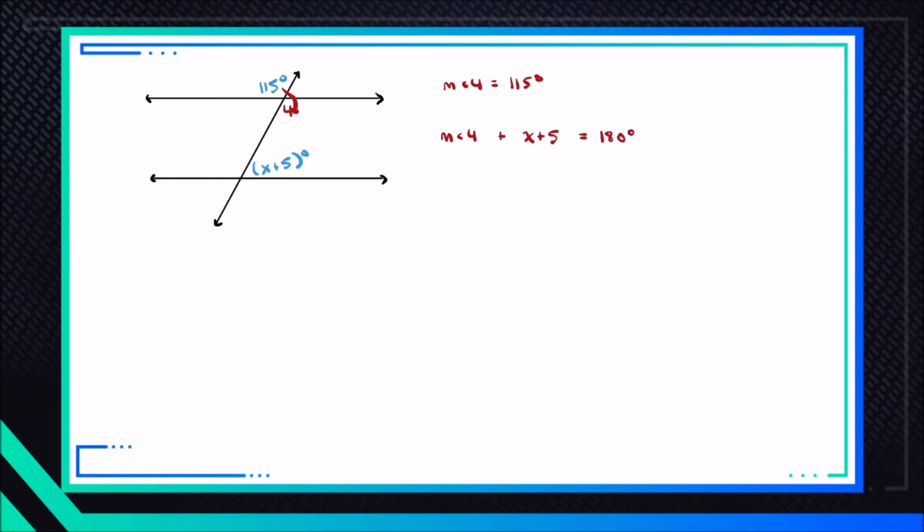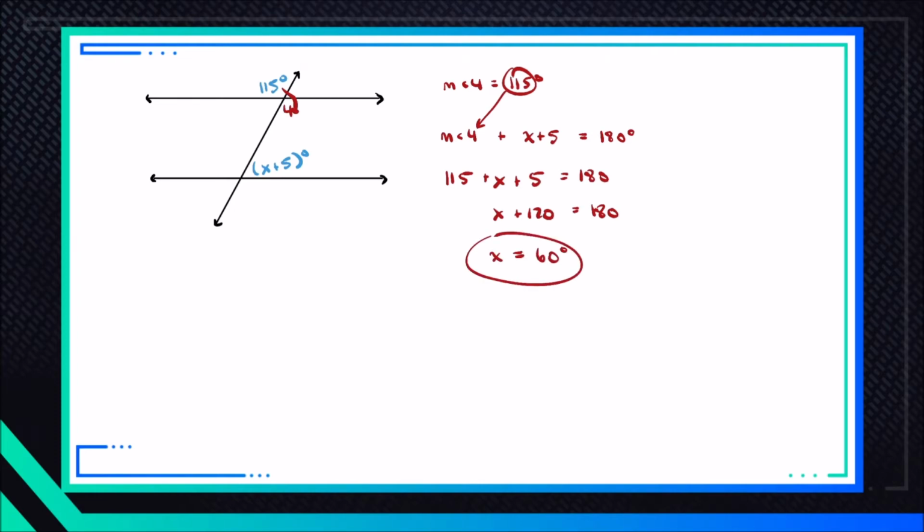Well, we know that the measure of angle 4 right there is 115 degrees, so we have 115 plus x plus 5 is equal to 180, or x plus 120 is equal to 180 degrees. If we subtract 120 from both sides, we will get x is equal to 60 degrees.